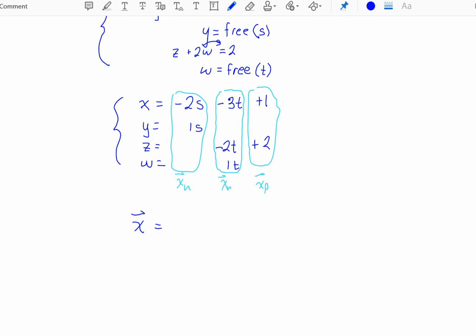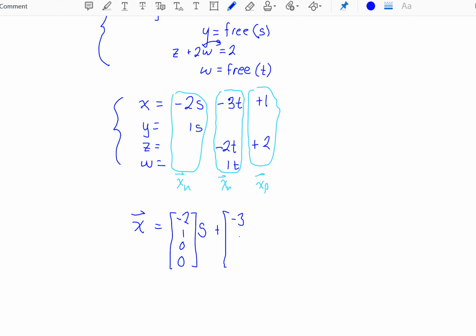If I factor the s out of the first homogeneous solution, we'll write it as negative 2, 1, 0, 0, times s, plus, out of your second homogeneous solution, we'll factor out the t.